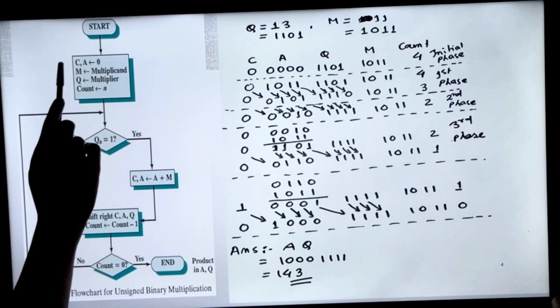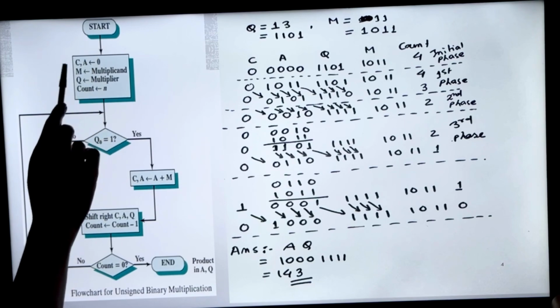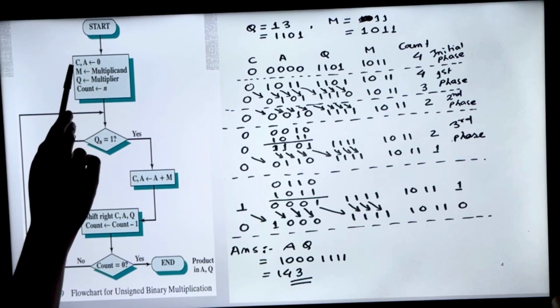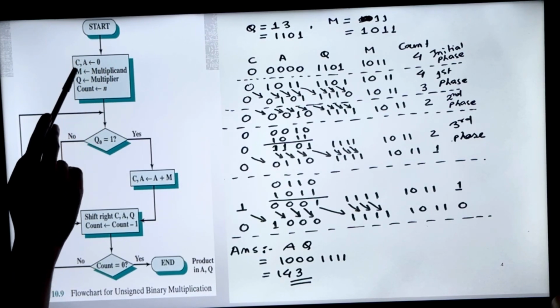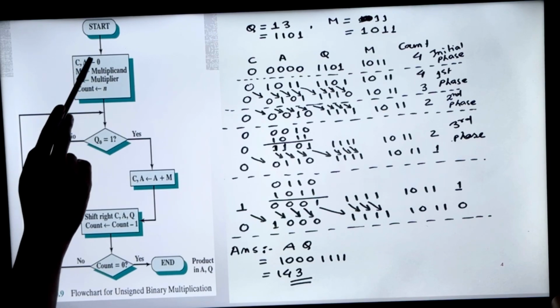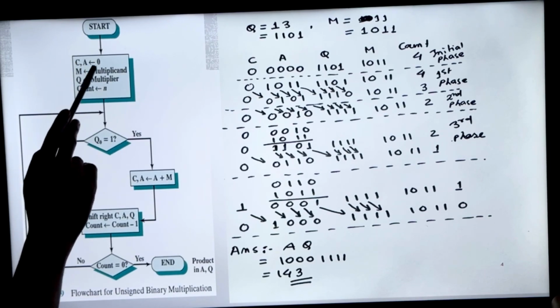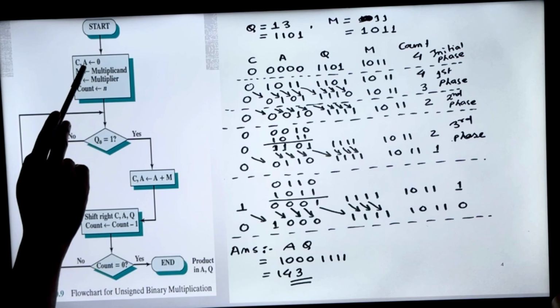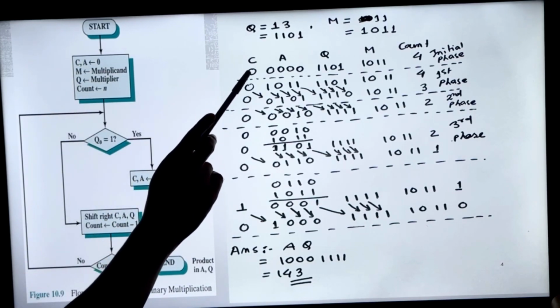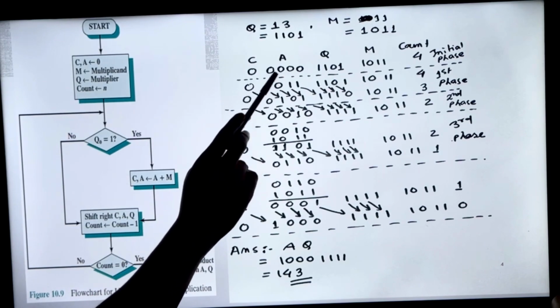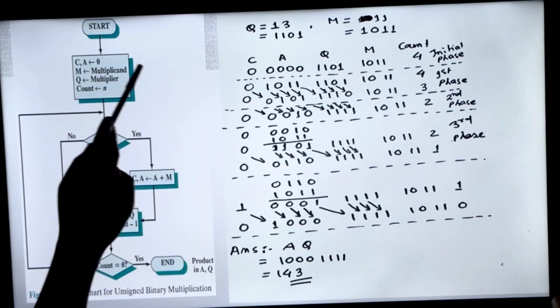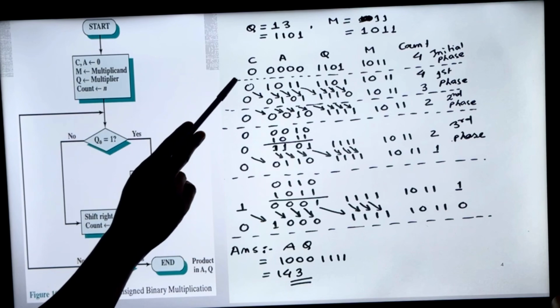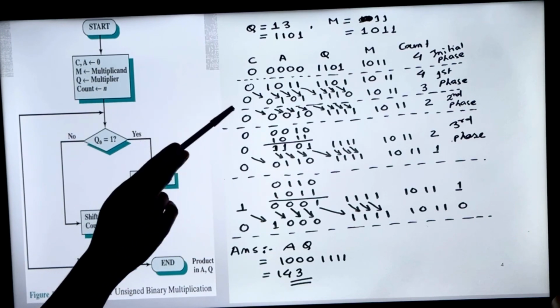These are nothing but registers which I initially make zeros. This C register stores the carry-out bit, and the A register is initially zeros. So C equals 0, and for A I am putting 4 zeros. Why 4 zeros? Because I am multiplying two numbers having 4 digits.